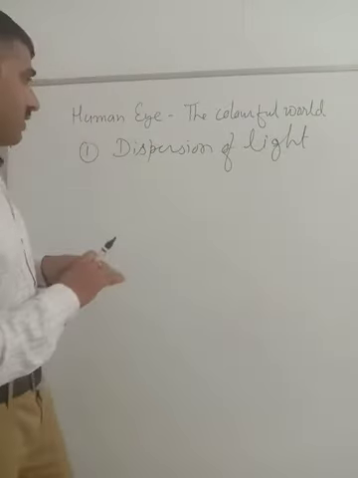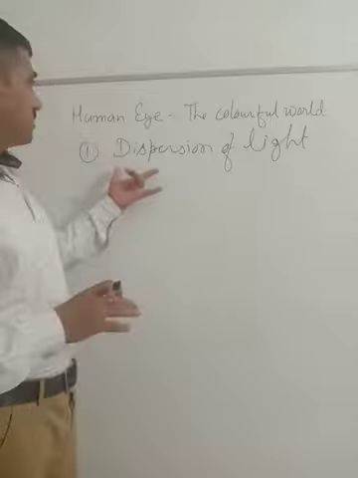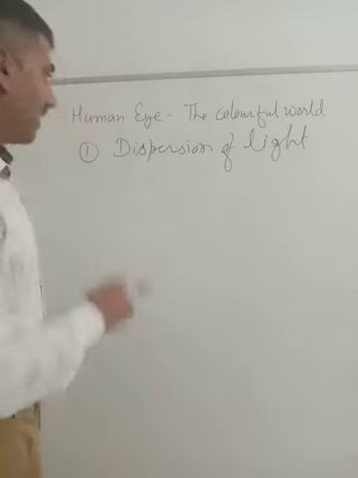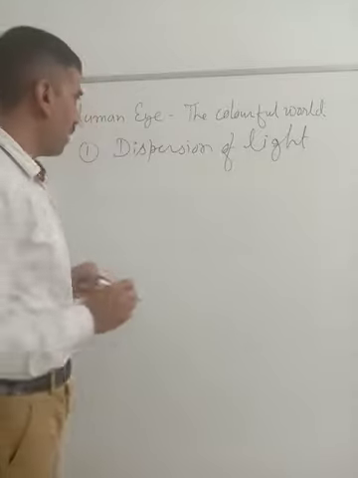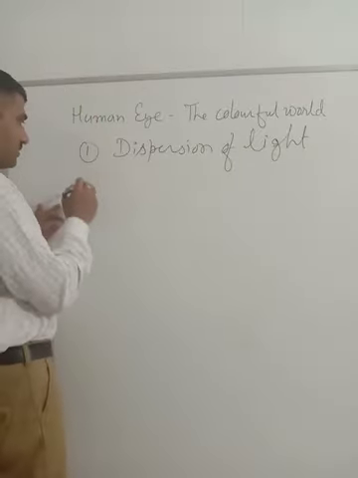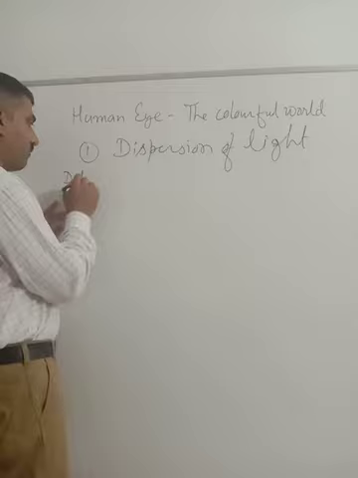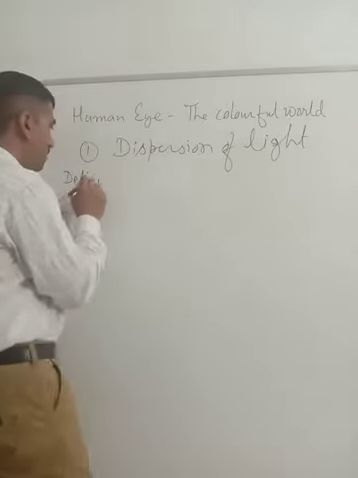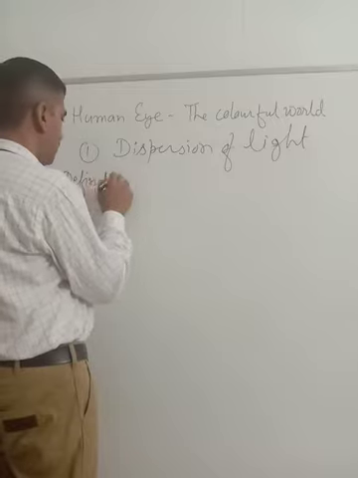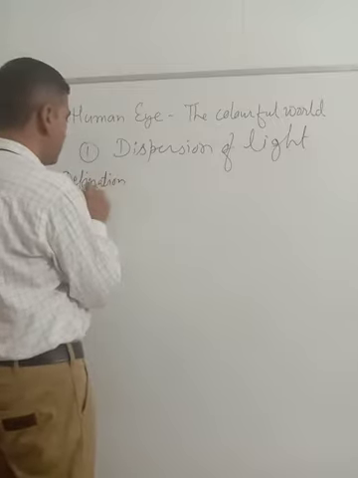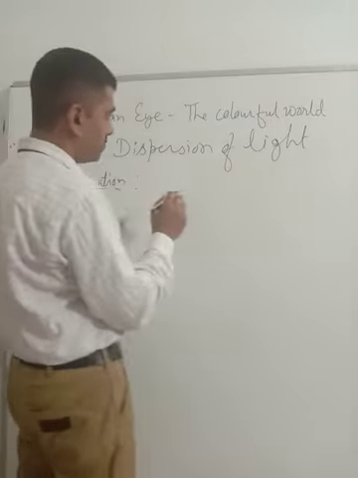So that's one of the very good phenomena in nature. I'll talk about the dispersion of light. How does it take place and what is its definition? So I'm just defining the definition of dispersion.